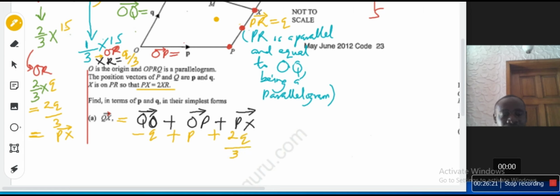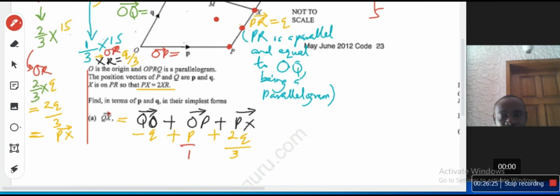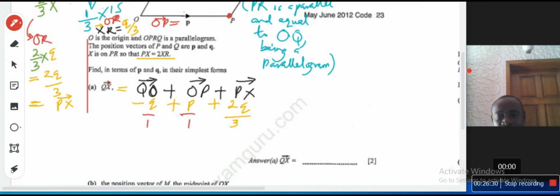You use the LCM. I hope you know that this one is like saying over 1. What is the LCM of the denominators 1, 1, and 3? You had better pay attention.